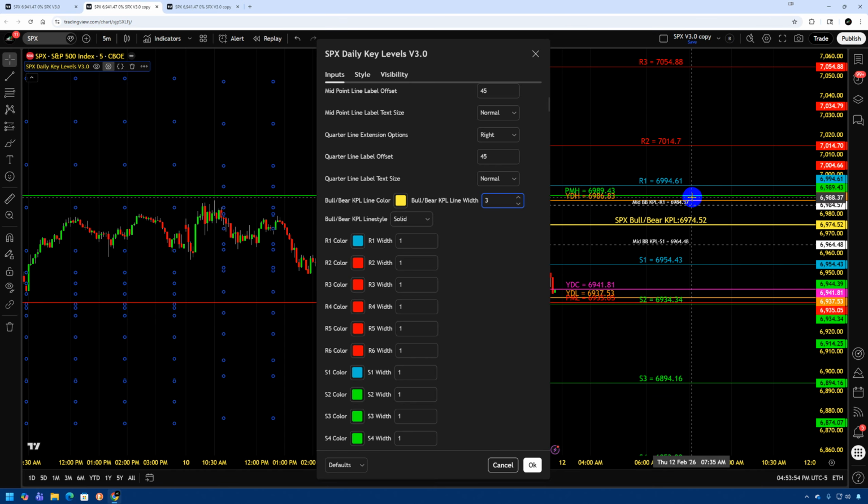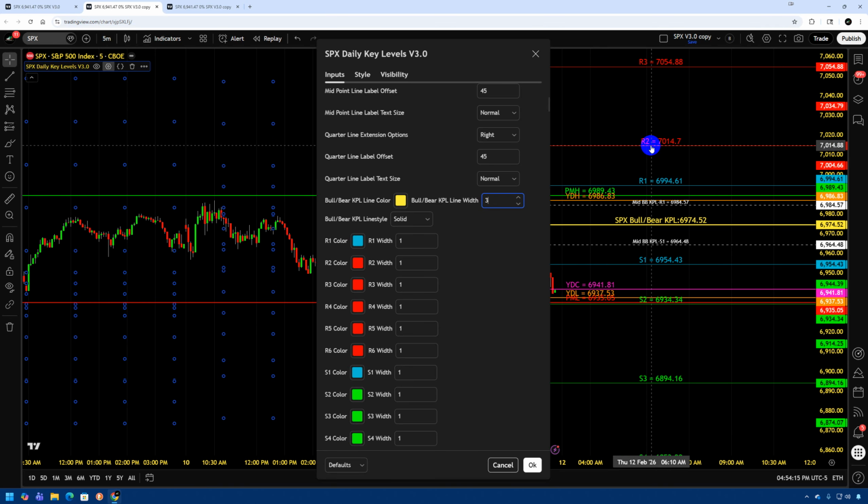Now, if there are other important levels that you'd like to highlight, I would suggest that you change the color, or change the line width, or change the line style of the particular ones that you may want to highlight to make it easier to discern which ones they are.